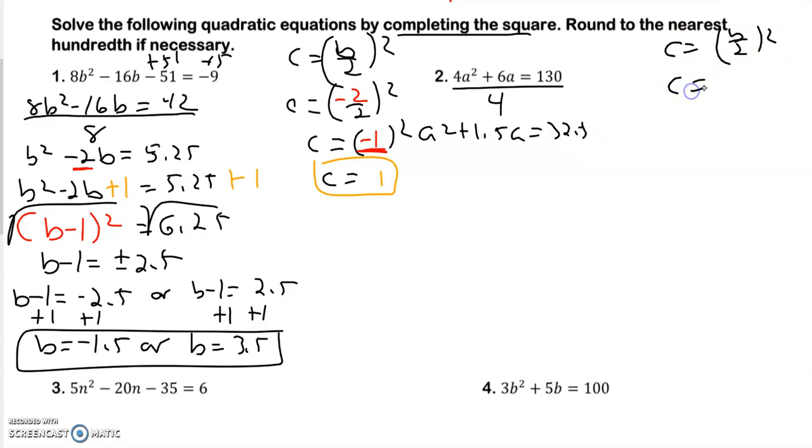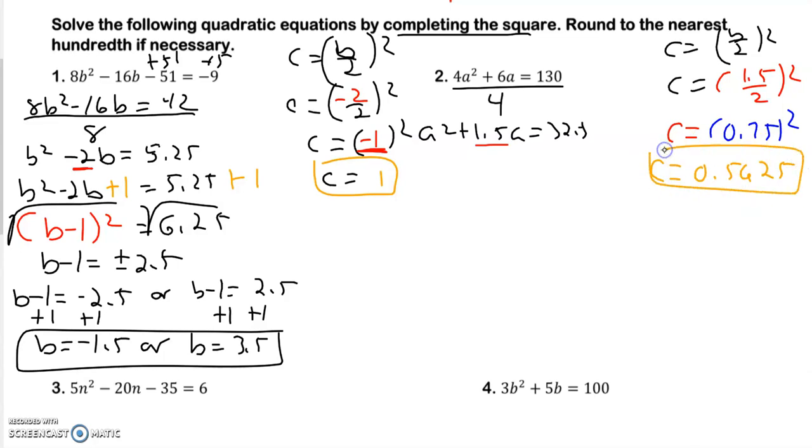What am I going to put in there? 1.5 over 2 squared. Then I get c equals 0.75 squared. And finally, I get my magic number, which would be 0.5625. That's my magic number.